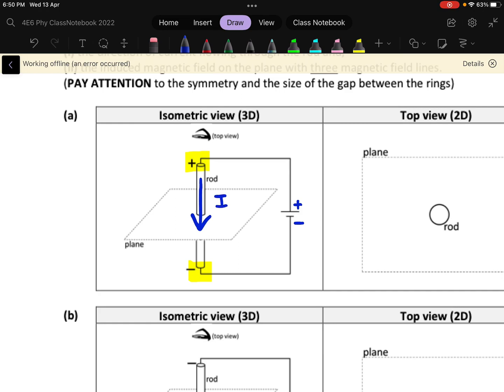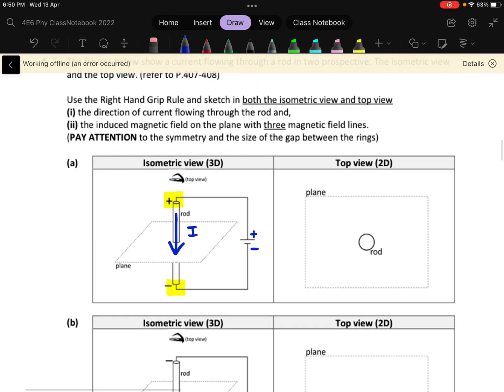Now use your right hand. For those who cannot differentiate left hand or right hand, please use the correct hand, the right hand. Align the thumb to the direction of the current. So your thumb should be like that, and you will see that the rest of the fingers will be curving like that.